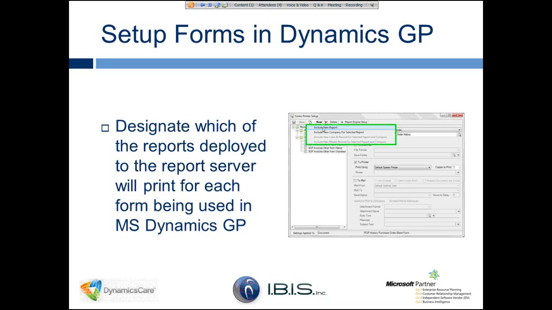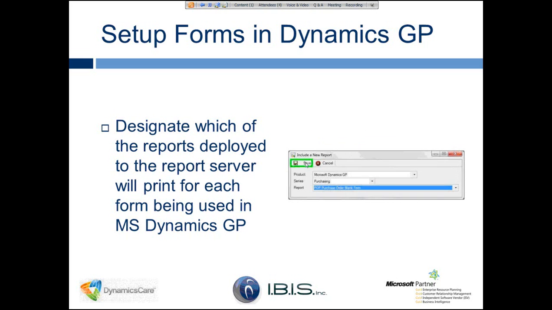So the first thing to do is to click New, and you want to include a new report. Once you click that, you will be given several options on what kind of report you would like to add. So including the new report, you select the product. We will generally be using Microsoft Dynamics GP. In the series, you have purchasing, sales, and I believe manufacturing also has some availability in Forms Printer.